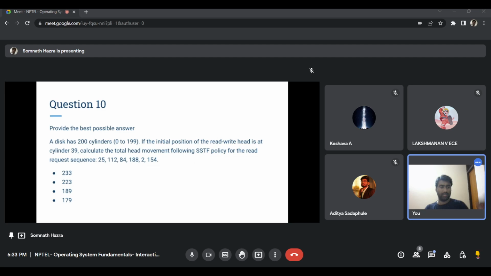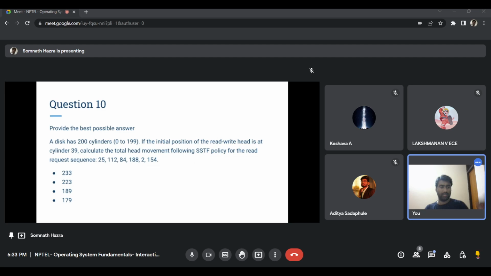Okay, don't just take a wild guess. The least number doesn't necessarily mean that is the answer. Currently, the read-write head is at 39. These are the requests. Now you have to calculate how the requests will be satisfied.